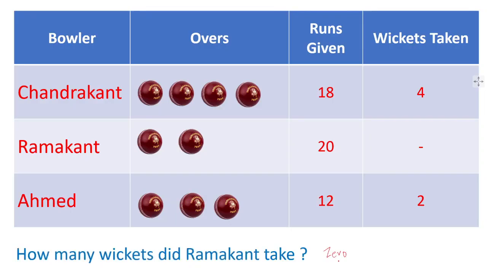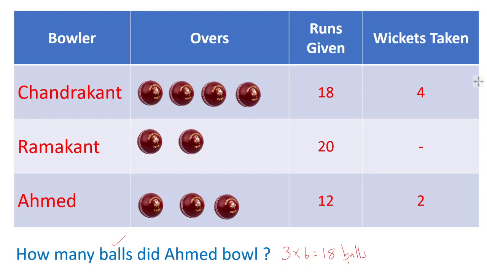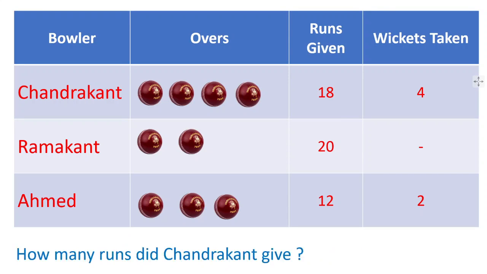Nothing. Right? Another question can be, how many balls did Ahmed bowl? Very simply, how many balls, not overs. Here we know that he bowled 3 overs, so 3 into 6, 18 balls. Right? So that way a pictograph is a representation of data in the form of pictures.